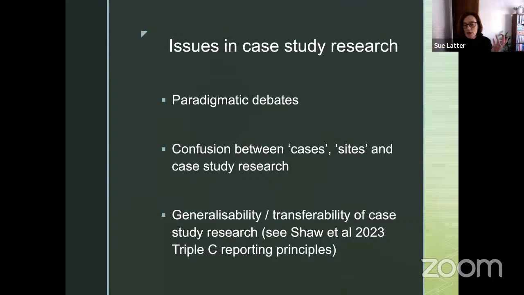So it's theoretical generalizability, not statistical generalizability. You don't need to have lots of them in order to make your findings generalizable. It's more about the principle of transferability through rich description, and linking to theory will obviously enhance the transferability of your findings.